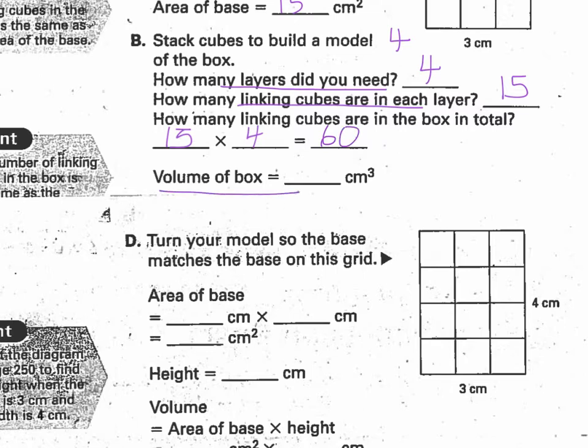Therefore, the volume of the box is 60 centimeters cubed. We use the formula volume equals length times width, which is the area of the base, multiplied by the height. Units will always be cubed because you are multiplying 3 numbers together.